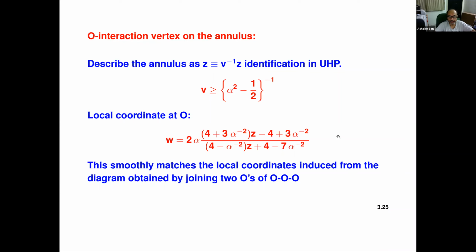Again, of course, this is not unique. I have just chosen it this way. But you couldn't make it very much simpler. Because we have to make sure that when V is equal to alpha square minus half inverse, that's the place where it matches the Feynman diagram, and that the other local coordinates should match.